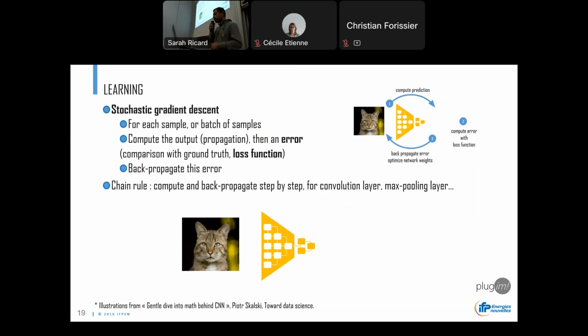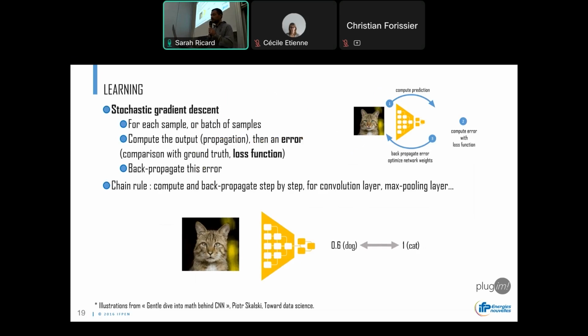To optimize the parameters of the neural network, we use what we call stochastic gradient descent. It's an operation that comes from the control field domain in the 1960s.